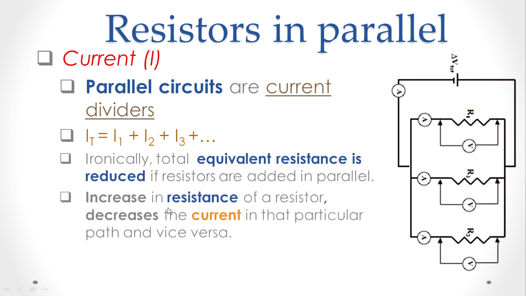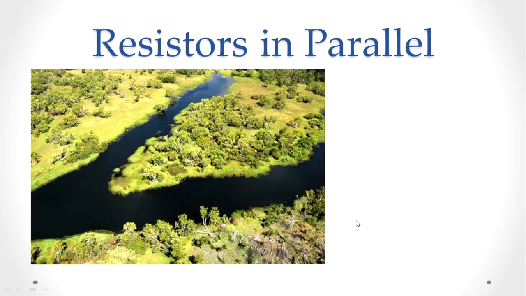On the other hand, an increase in resistance of a single resistor decreases the current in that particular path. So that is, if I just took R1 for example and I increased its resistance, that would reduce the amount of current flowing through this path over here and won't necessarily have an effect on the others.